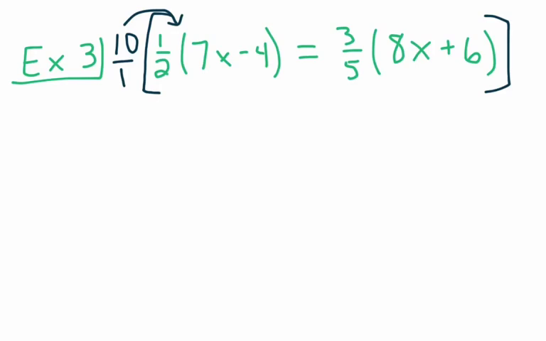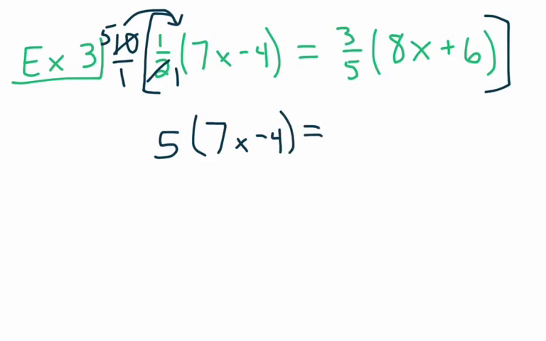Now, when we simplify or distribute our fractions, we remember that 2 goes into 2 once, 2 goes into 10 5 times. So now I have 5 times 1 gives me 5. So I have 5 times the quantity 7x minus 4. Bring down my equal sign.